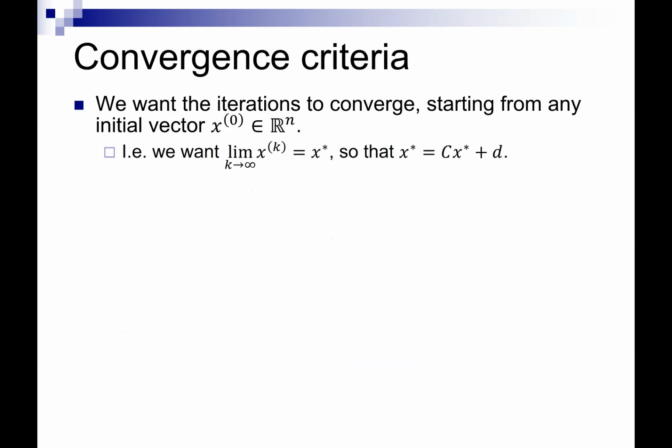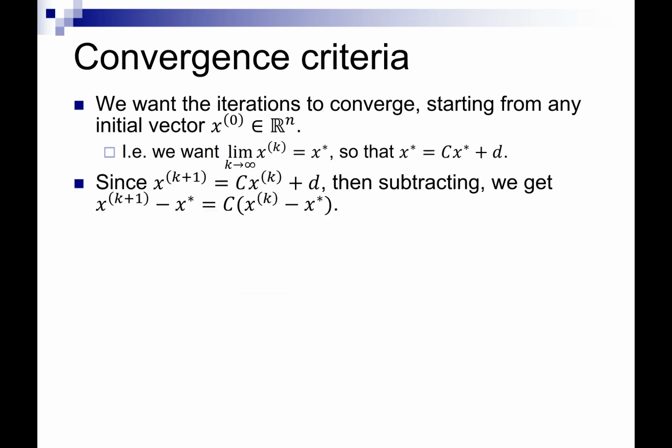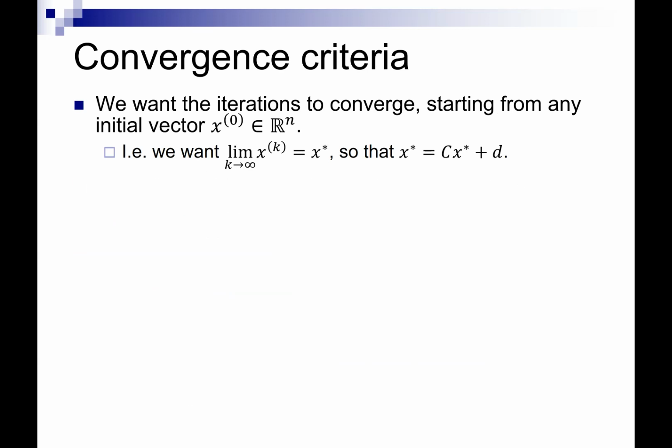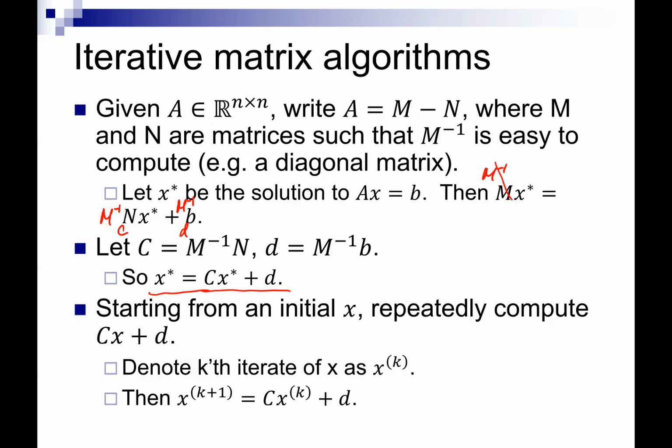So we want to say that the iterates converge: as you take k to infinity, x of k converges onto the correct solution x star, and this x star solves this equation. Then x star also solves the original equation, A times x star equals b.